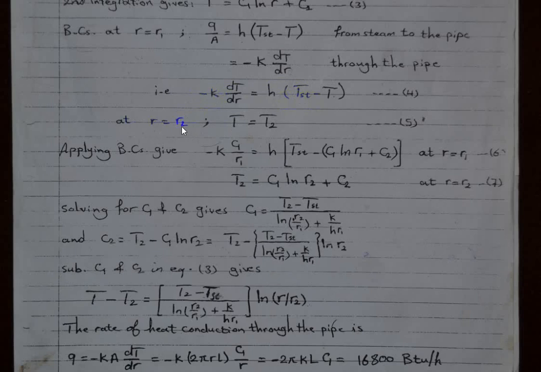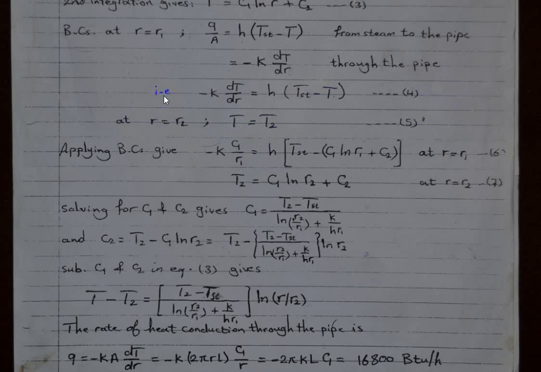At R equals R2 and T equals T2. This is equation 5 of the course, stipulated by the boundary conditions: at the surface R equals R2, the second radius, the temperature equals T2.